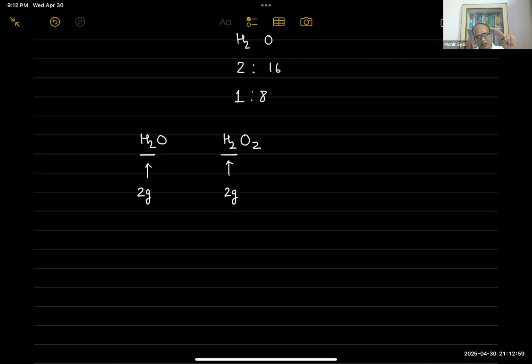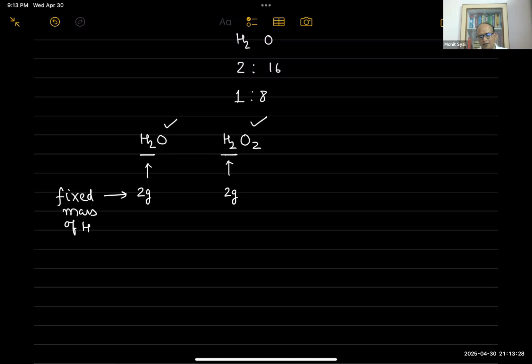So when two elements combine to form two or more different compounds, the ratio of masses of oxygen, in this case it is oxygen, that combines with the fixed mass of hydrogen. So that is the base, right? So I took the fixed mass of hydrogen, that is fixed, got it.